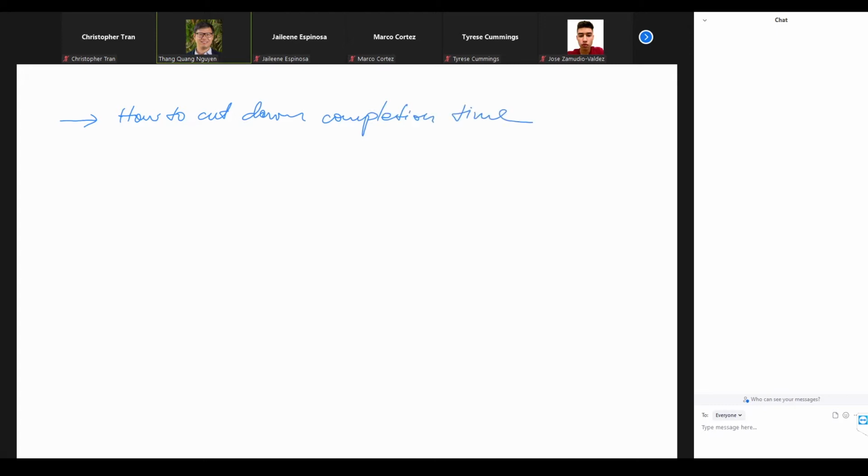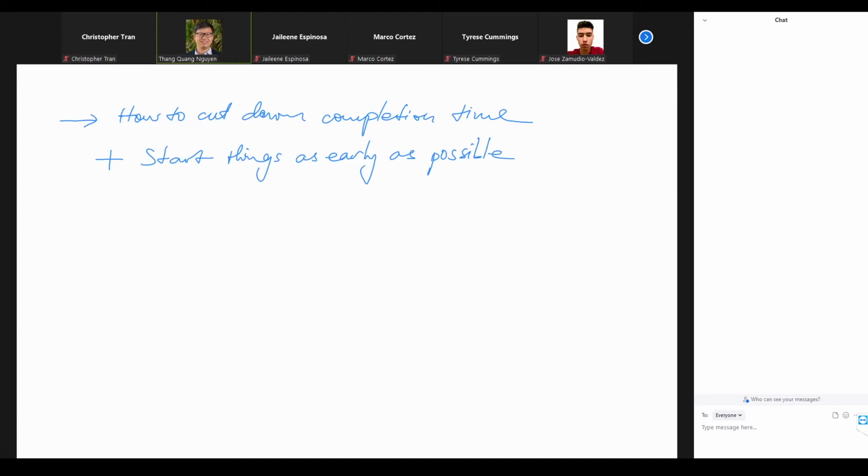So here we only discuss the conceptual methods on how to do this without any calculation. For example, the first method is if we start things as early as possible. Then we can control the completion time of the project, right?